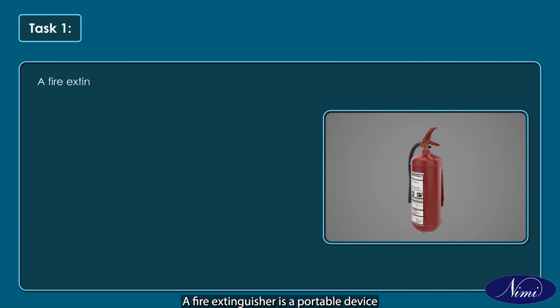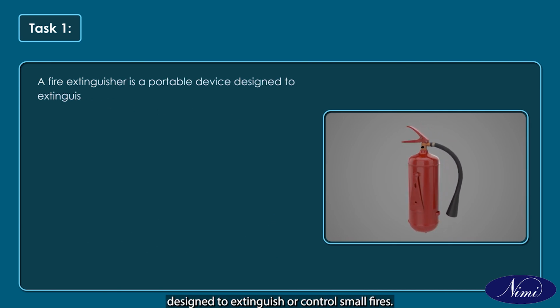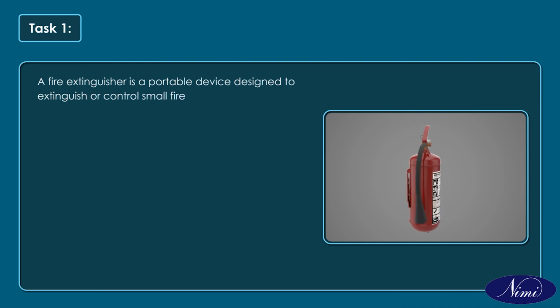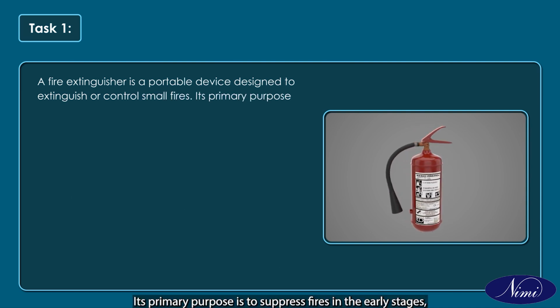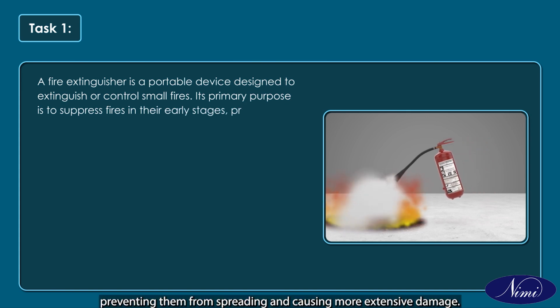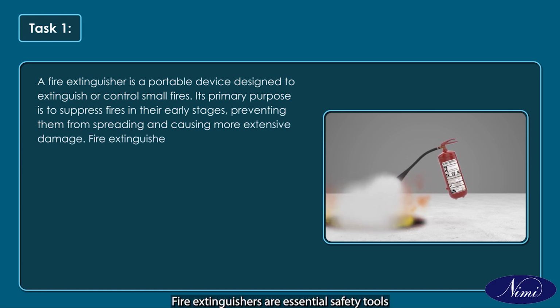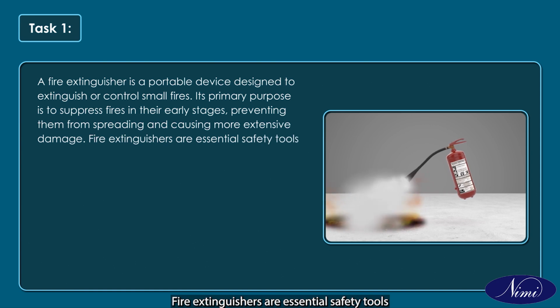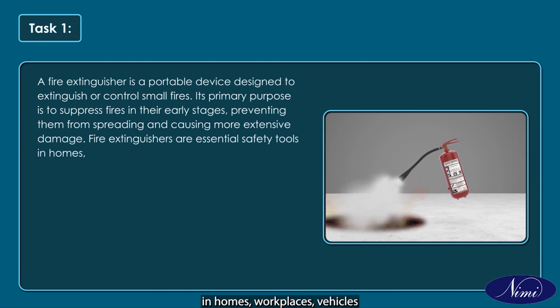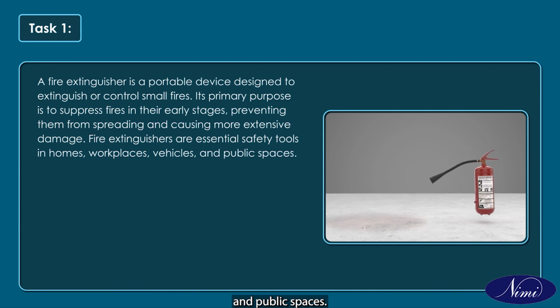A fire extinguisher is a portable device designed to extinguish or control small fires. Its primary purpose is to suppress fires in their early stages, preventing them from spreading and causing more extensive damage. Fire extinguishers are essential safety tools in homes, workplaces, vehicles, and public spaces.